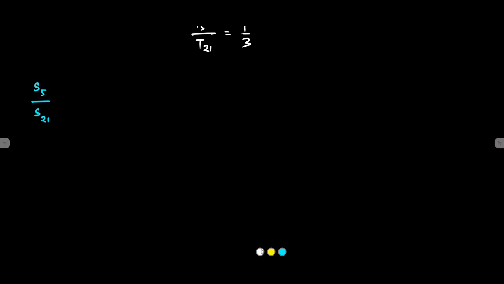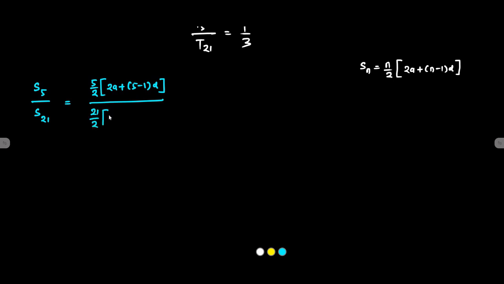If you remember, the sum of the first n terms is given by n by 2 into 2a plus n minus 1 into d. Using the same formula here, this is equal to 5 by 2 into 2a plus 5 minus 1 d by 21 by 2 into 2a plus 21 minus 1 d.